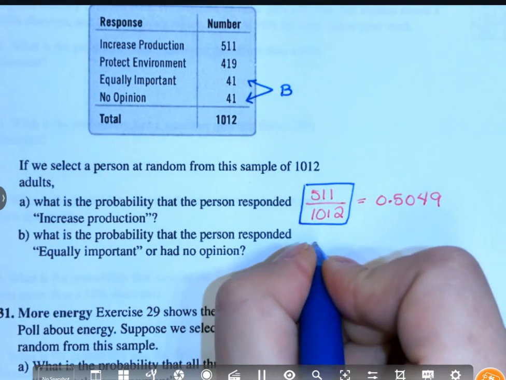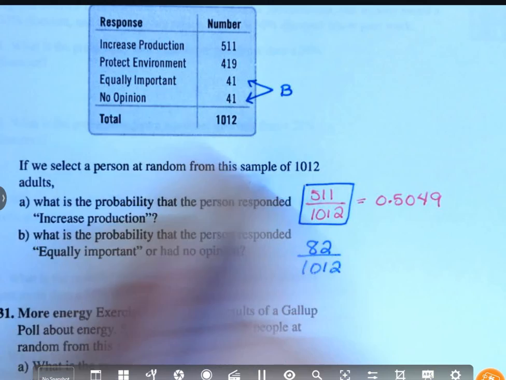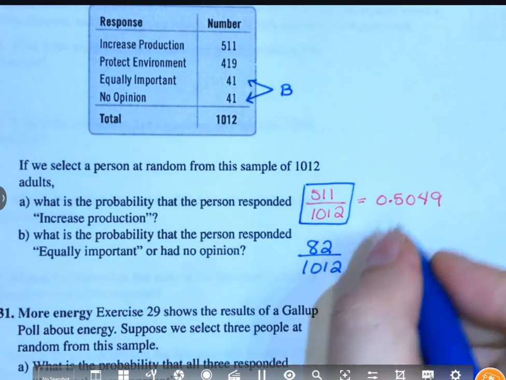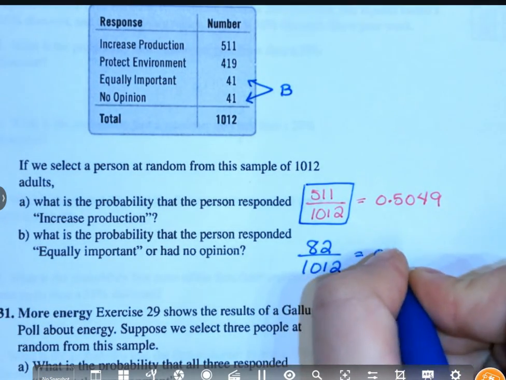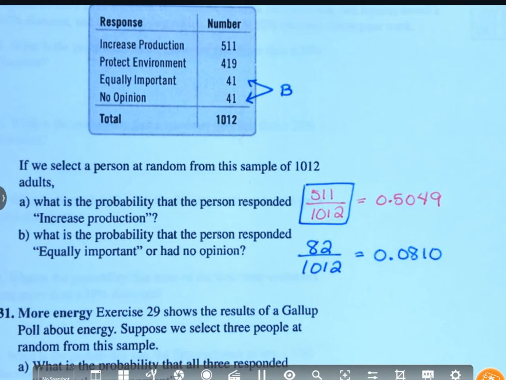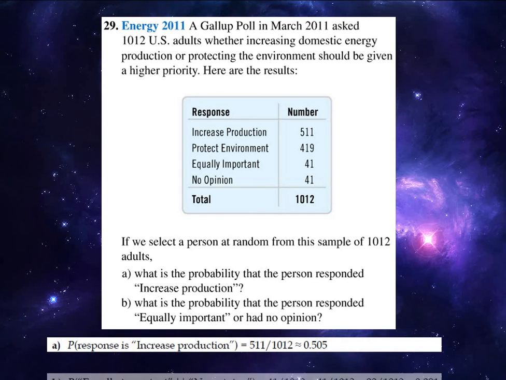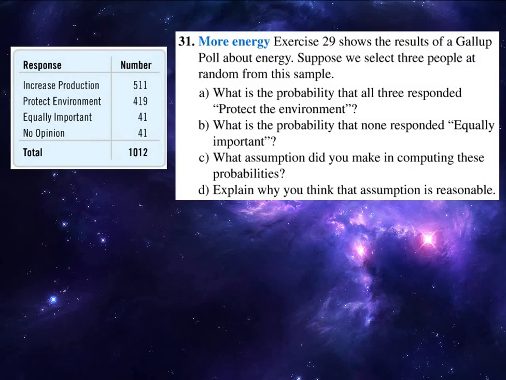So that way we're looking at 82 over 1012. You're welcome to write that as 41 over 1012 plus 41 over 1012, or you could just write 82 over 1012. And what is that as a decimal? Is that right? Yeah? Let's see here. Yep. Sounds good. Okay.